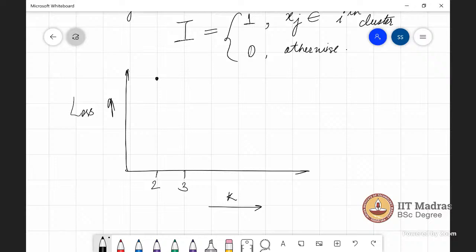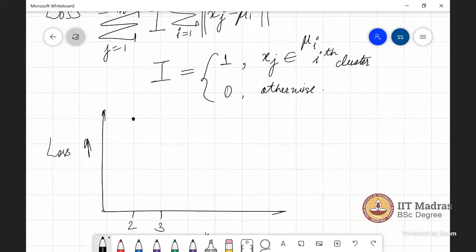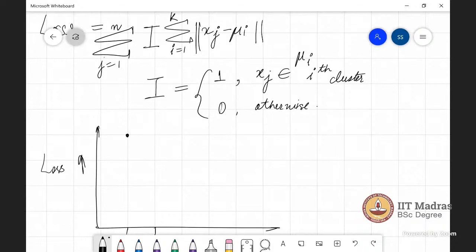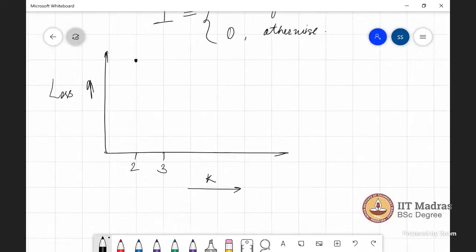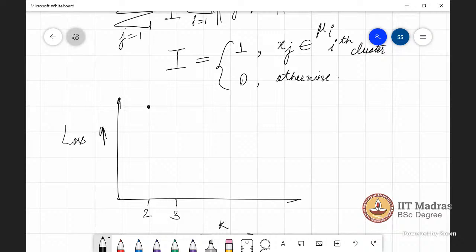It's more likely to decrease because as we increase the number of clusters, the number of centroids will increase. So the data points will have more options to be closer to, and that's why it should decrease. The next point, let's say, comes out to be this one.